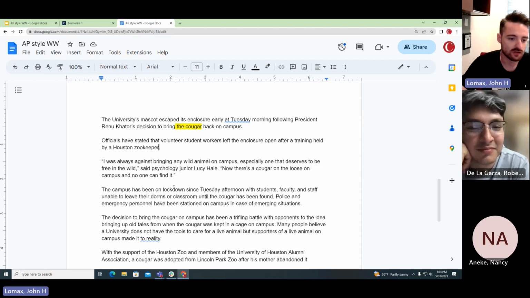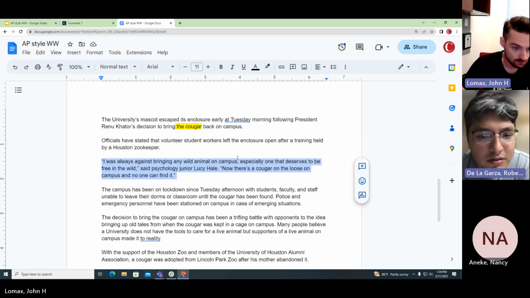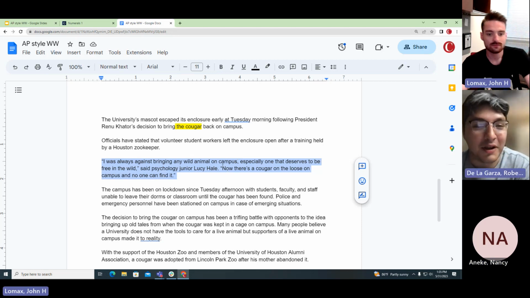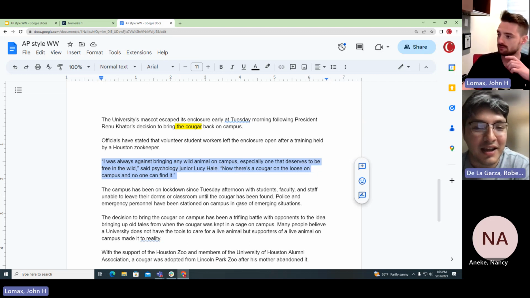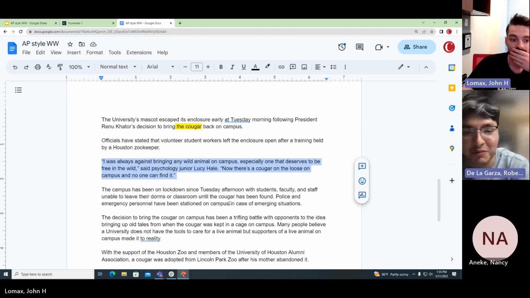Now let's look at this first quote. Let me see anything. I'll let you take this one, Robert. Oh, okay. So the said should be at the end, I guess.